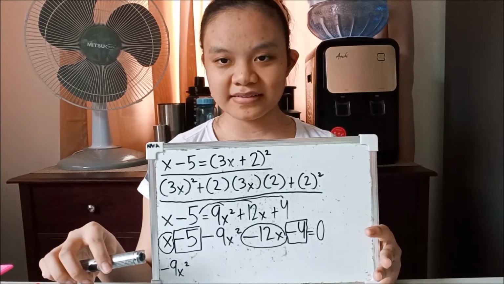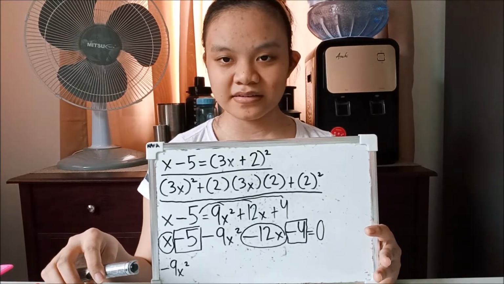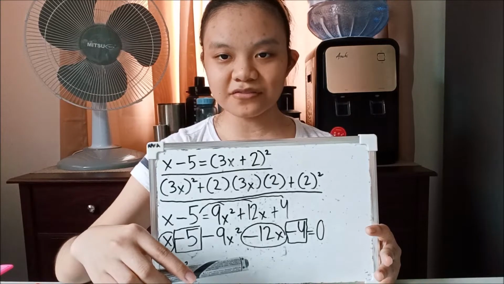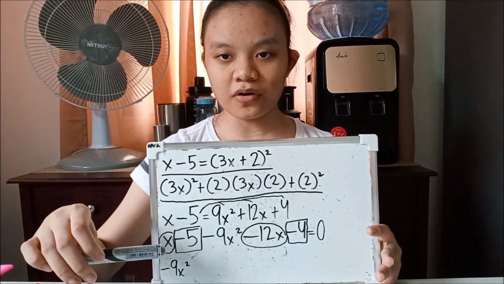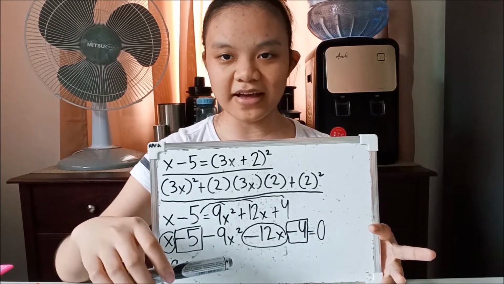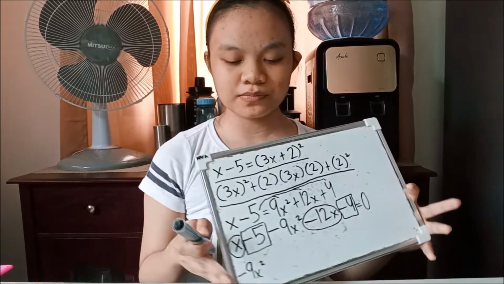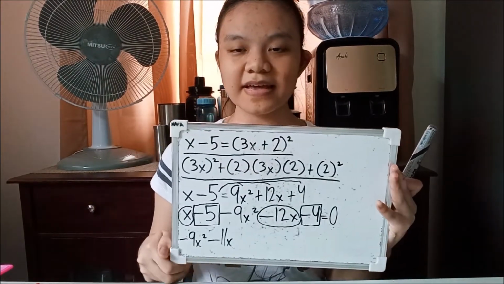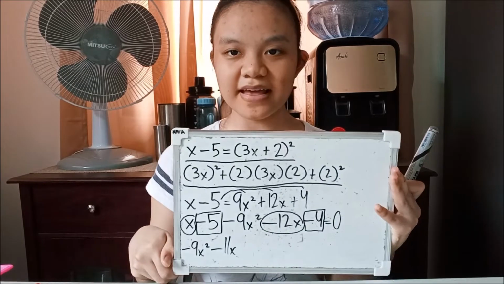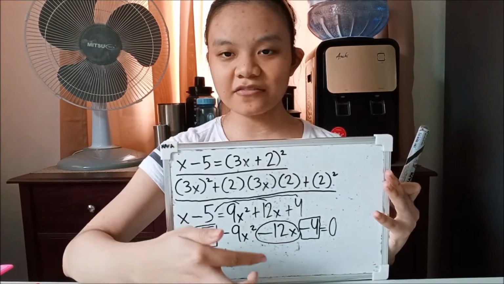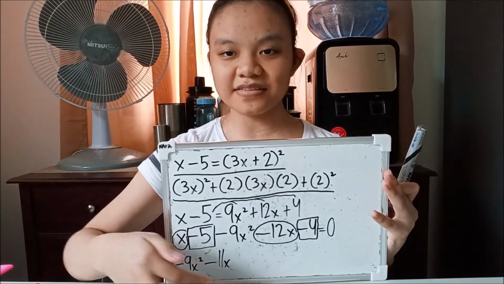So x, the variable x, plus negative 12x, is equal to 11x, and negative 11x. Since the higher value is negative, the answer should be negative.